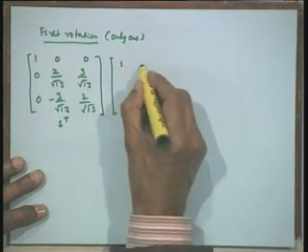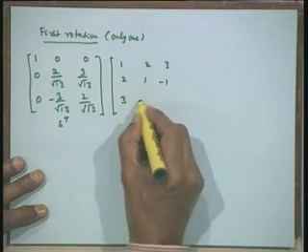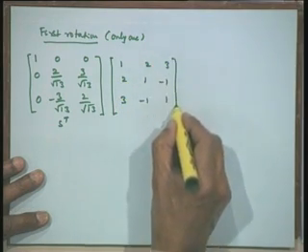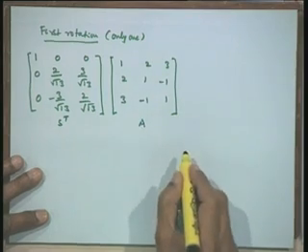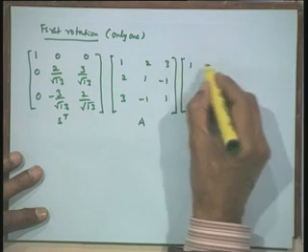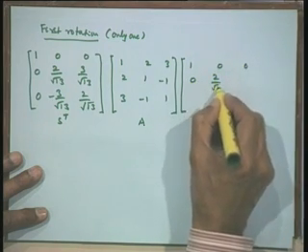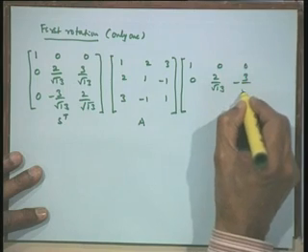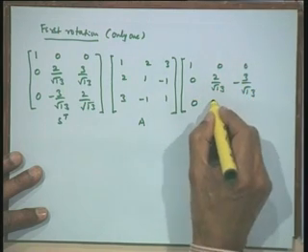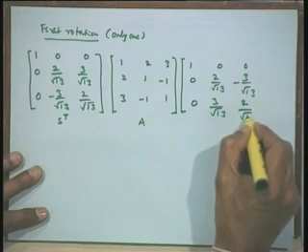Given matrix is 1 2 3, 2 1 minus 1, 3 minus 1 1. So, this is our matrix A. Then I will have S matrix 1 0 0, 0 2 by root 13 minus 3 by root 13, 0 3 by root 13 2 by root 13.